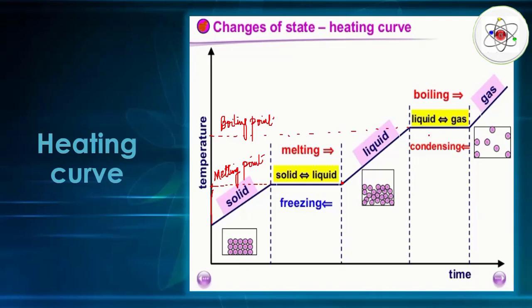So during melting and during boiling, the temperature does not increase, because the horizontal flat line shows that the change of state is taking place, and heat energy during this phase does not increase the kinetic energy of the particles, but is used to overcome the attractive forces between the particles.